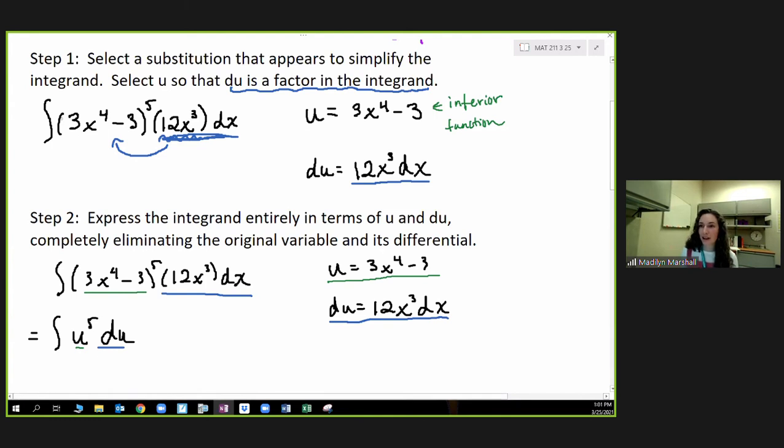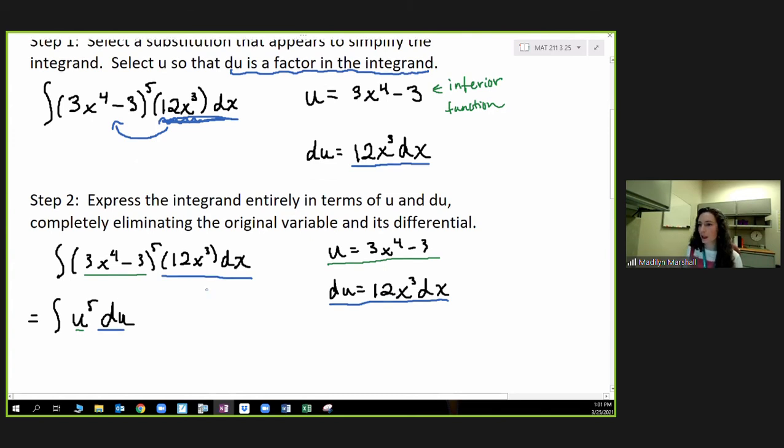So now instead of having this big mess of an integral, we have just u to the fifth, which is something that we have been doing in our previous problems. Usually step one is the tricky part, just figuring out what u needs to be. Once we have everything in terms of u, our integral is pretty nice.